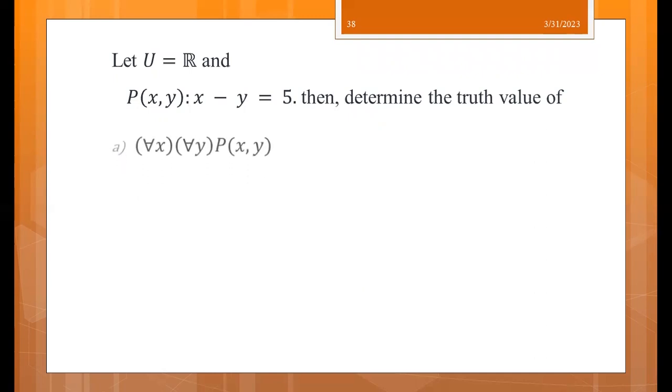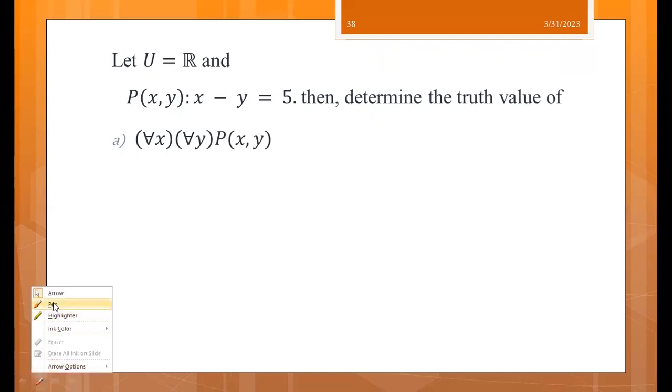Then the truth value of the following: for every x and for every y, P of x, y is true. This means that for this quantified proposition to be true, whatever values you take from the universal set, in this case the set of real numbers, P of x, y must always be true.